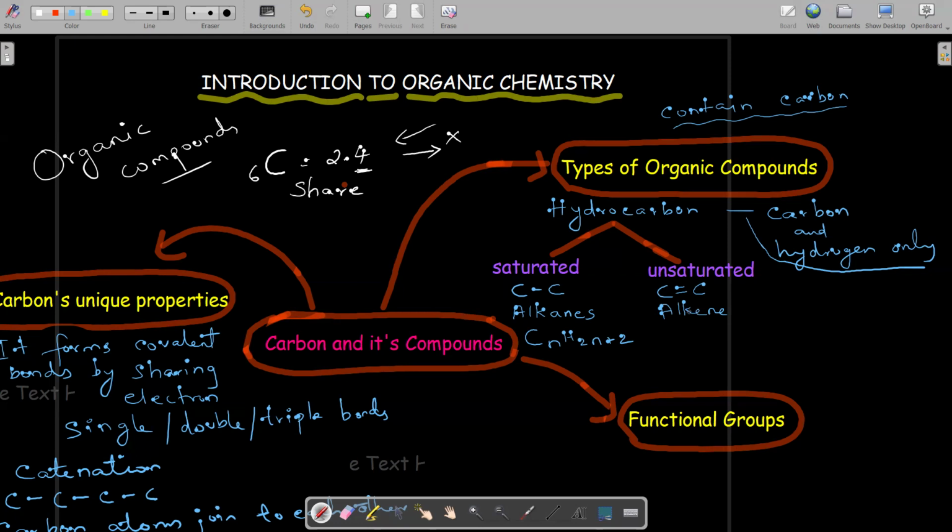So other atoms can add on to alkene molecules when the double bond breaks open. But to alkanes, they cannot be added. That's why alkanes are called saturated. But here, when the double bond breaks open, other atoms can join it. And these are unsaturated. That's why they are called unsaturated hydrocarbons.